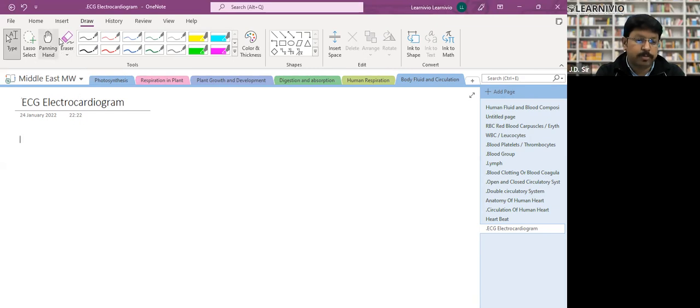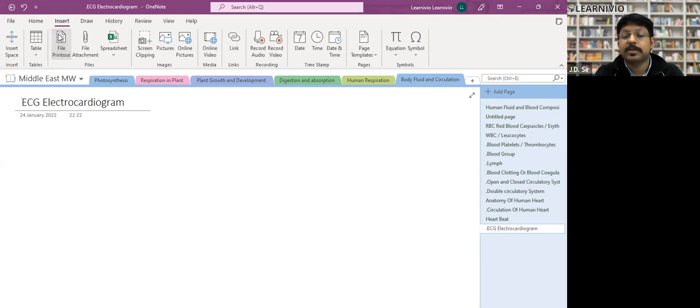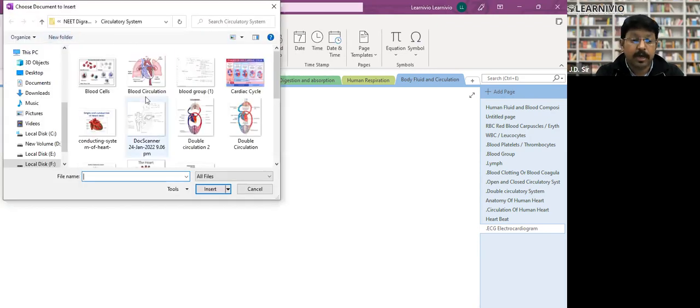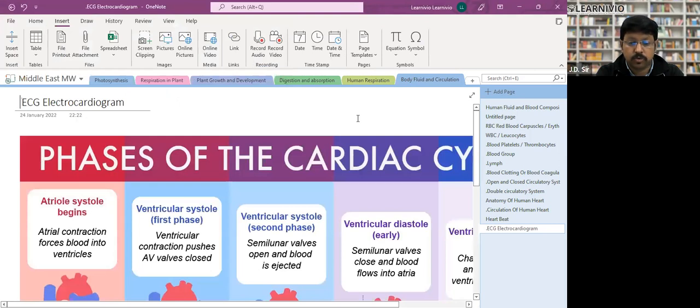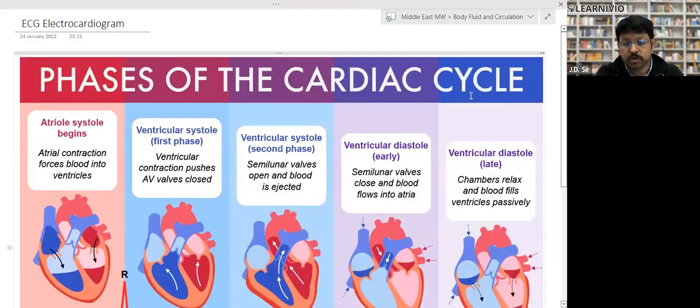Now let me show you the PPT for the electrocardiogram. What does it represent? It's really very important, and it has already been asked in medical examinations many times, and it can be asked again as well, right? So listen and take the screenshot carefully. This PPT is the best explanation.